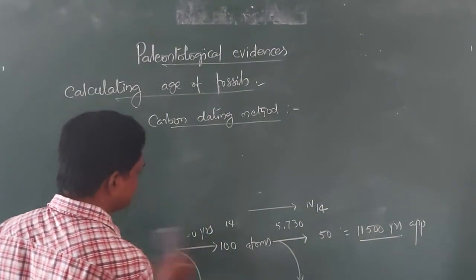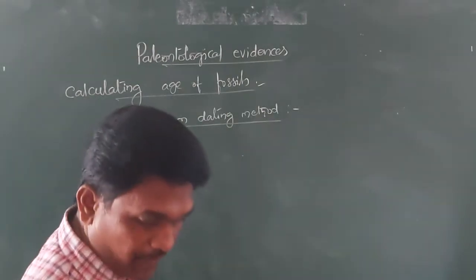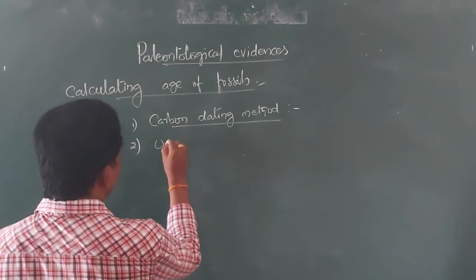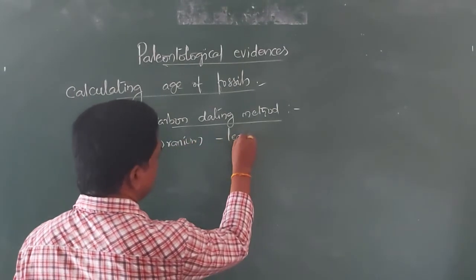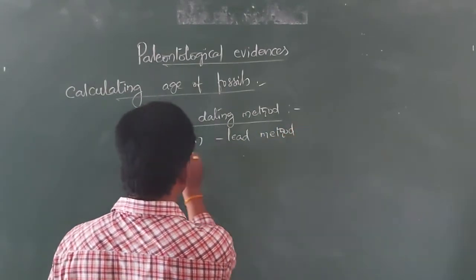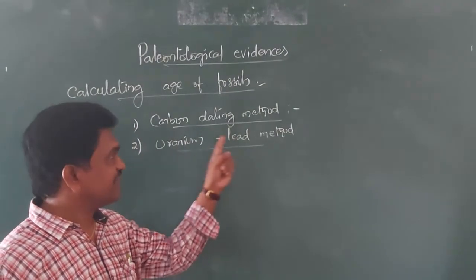Next method is the uranium lead method. In this method also, what is the principle? Uranium atoms are converted into lead atoms.